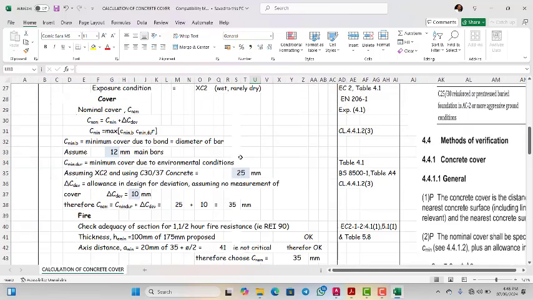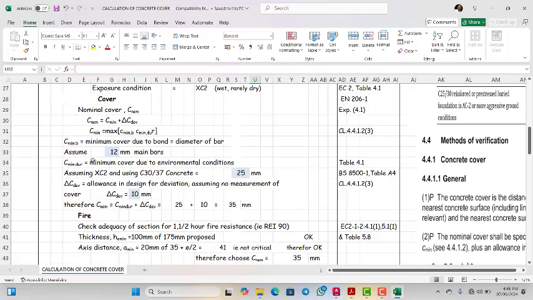So here we now have that C nom is equal to this formula, where C min is equal to the max of these. Considering the C min values, the one that is the maximum is what we are going to adopt. So C min,b, the minimum cover due to bond, has to do with the diameter of the bar.